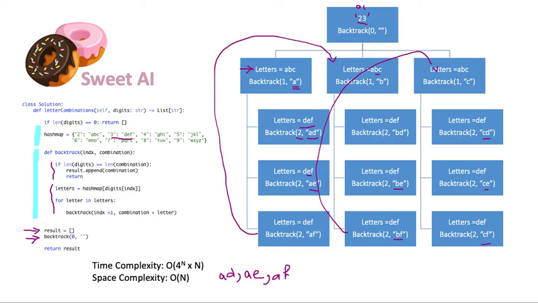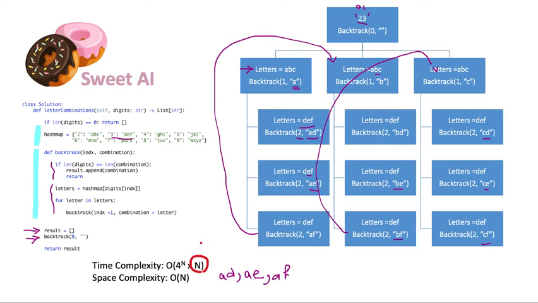The question had the constraint of only 4 digits, so the longest one is going to be 4 digits. For the time complexity we would say we have n, where n is the length of the digits.